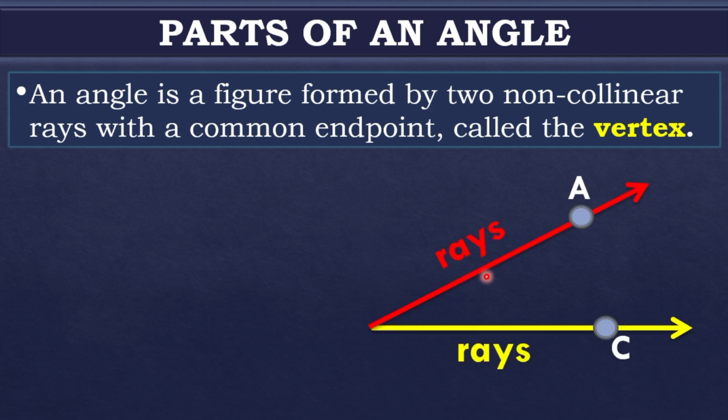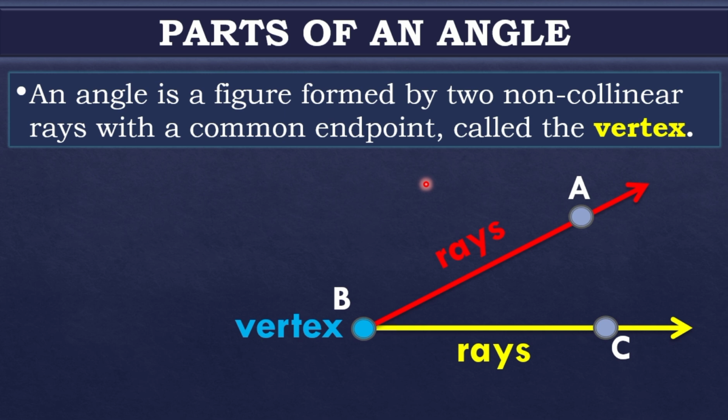So, ito yung first ray mo, ito yung second ray mo. Etong endpoint na to, ma'am, bakit po isa lang yung point? 'Di ba kapag ray merong endpoint and merong infinite point. So, ano nga ba ito? Yung endpoint nila. Yun po yung kanilang common endpoint. Okay? Ang tawag natin dyan is the vertex.